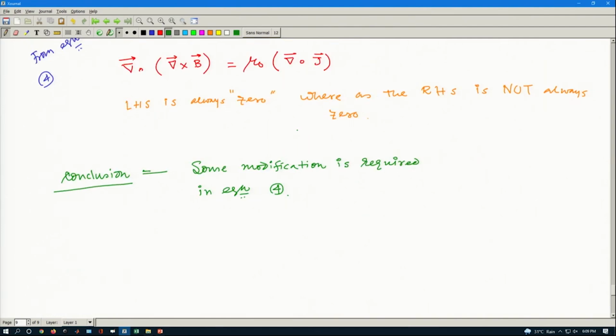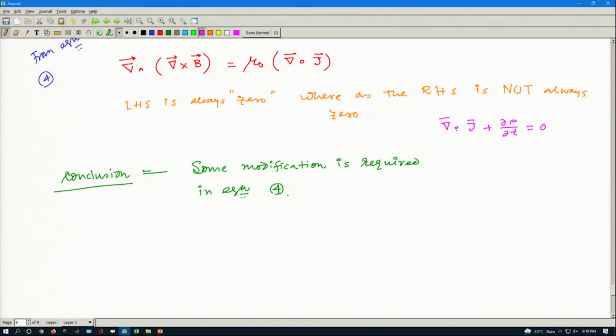Mind it, here we assumed that the divergence of J is 0. So, I would like to add a small note here before concluding. The divergence of J plus del rho del t equals 0 is the continuity equation, one of the fundamental equations. So, the divergence of J being 0 means del rho del t equals 0.